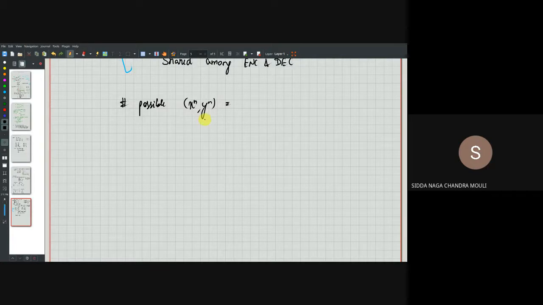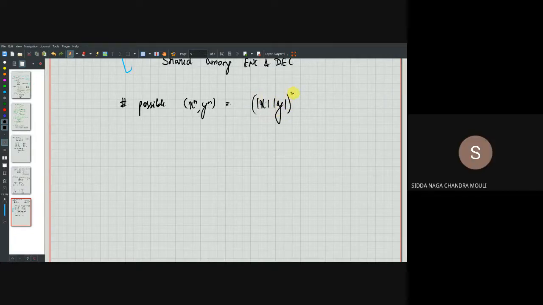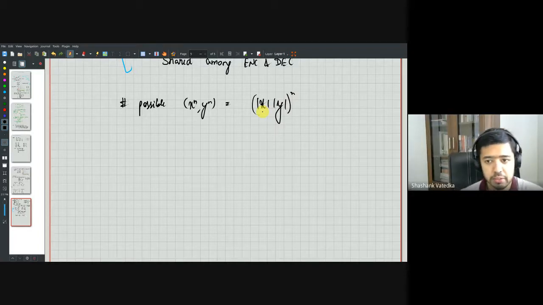Cardinality of X into cardinality of Y, whole raised to the n. So this is the number of possible x and y pairs.